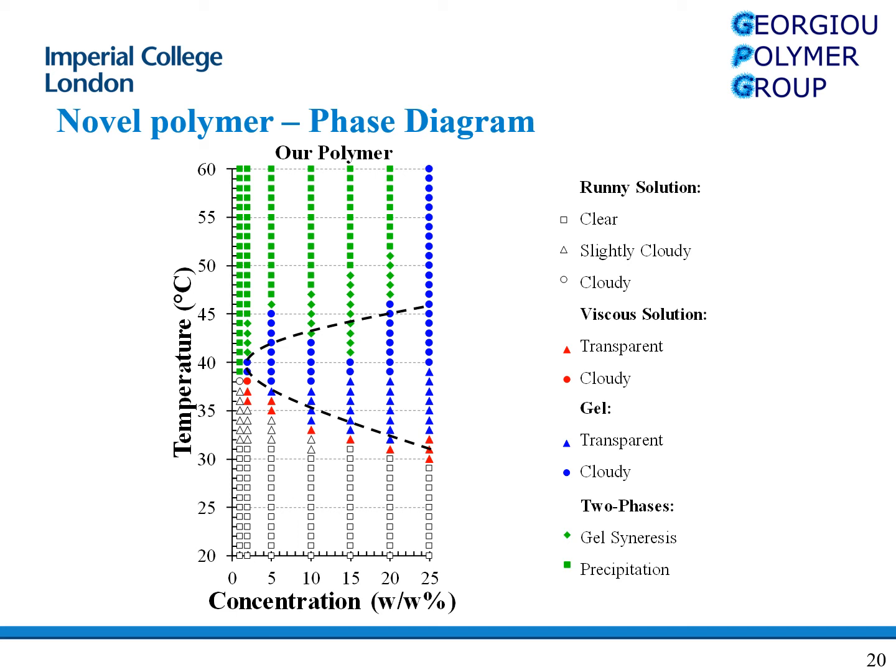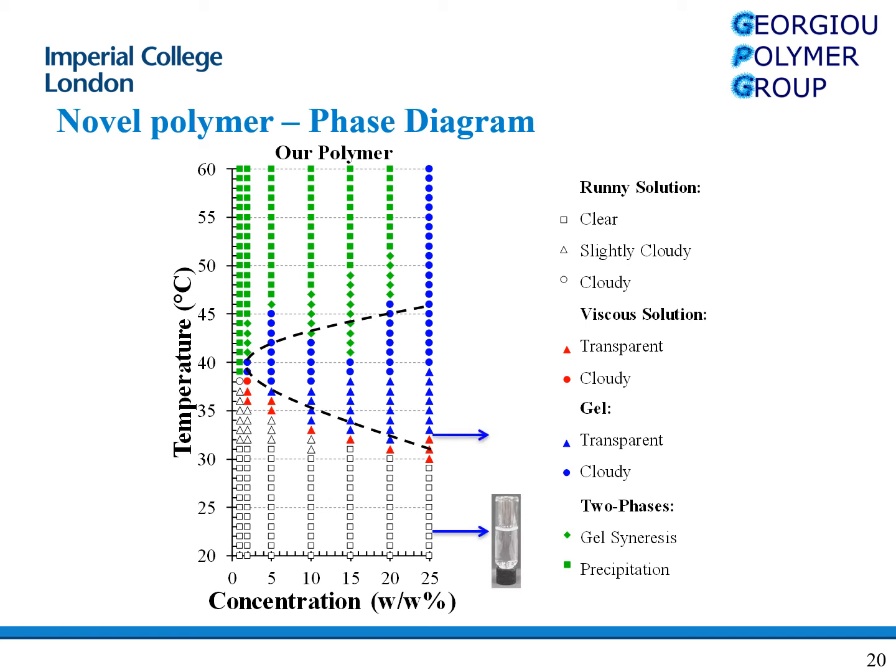So in transparent, we denote the runny solution phase. In red, you have viscous solution phase. In blue, it's stable gel, so when you invert the tube, there is no flow detected. And in green, we have two phases, so either gel syneresis or precipitation. And you can see this here on the pictures.